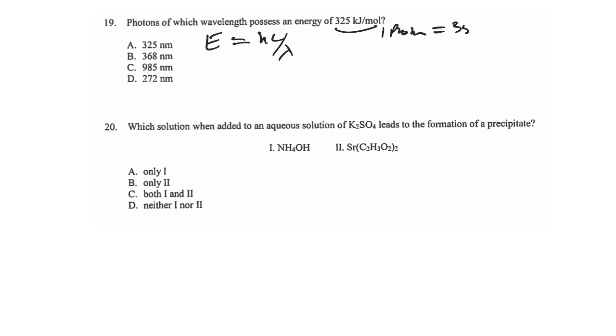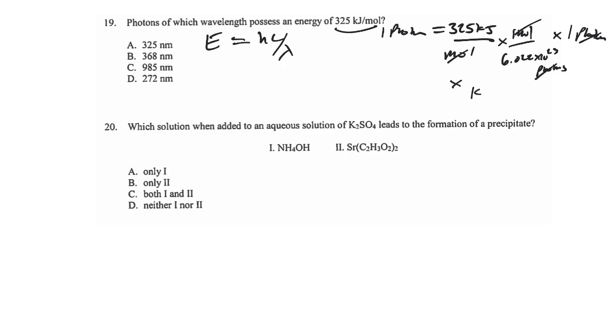So if it's 325 kJ per mole, we would take 1 mole, be Avogadro's number, the energy of just one photon, gets rid of photons, get rid of moles, and then do one final conversion, 1 kJ, 1,000 joules.